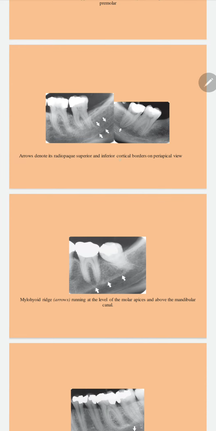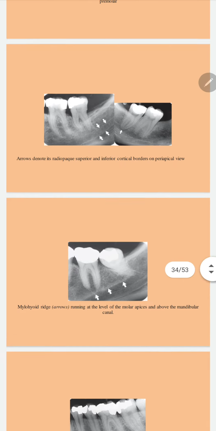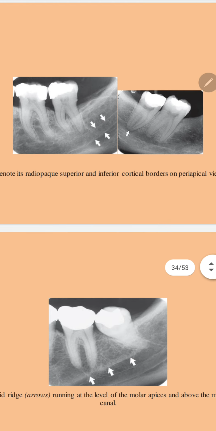Radiopaque superior and inferior cortical borders on the periapical view represent the inferior dental canal or inferior alveolar canal. It appears as a radiolucent line surrounded by radiopaque lines, which represent the superior and inferior borders of the canal.